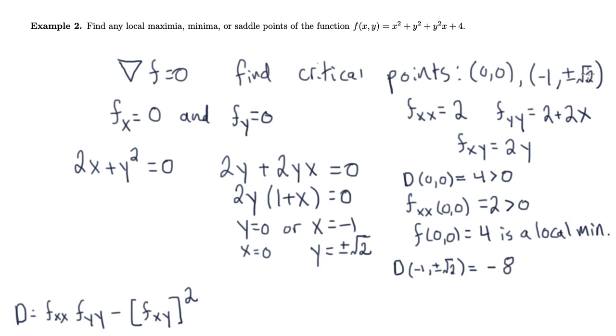So again, that's coming from, if I plug in root 2 or minus root 2, here, that's going to be 8 when I square it, but I'm subtracting it. So this was 0, and then I subtract, I get -8, which is less than 0, which means I have saddle points, so -1 plus or minus root 2 are saddle points.